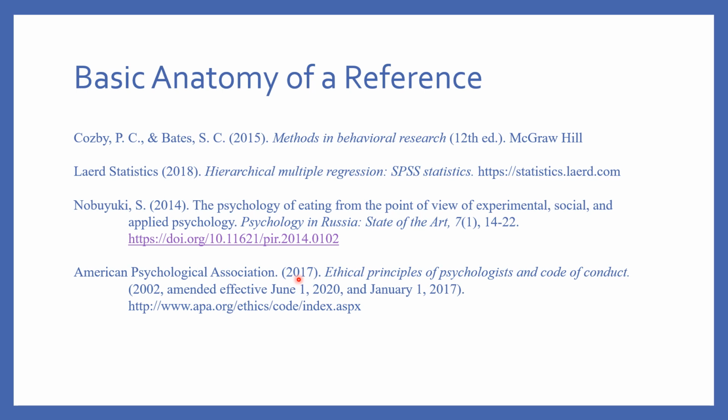It was originally published in 2017. Well, that's not true at all. This version, in its current form, is 2017. The original code, as it was republished, was 2002. It was amended in 2010 and in 2017. But even so, it includes the 2017 as the primary year when you copy and paste it from the APA manual.